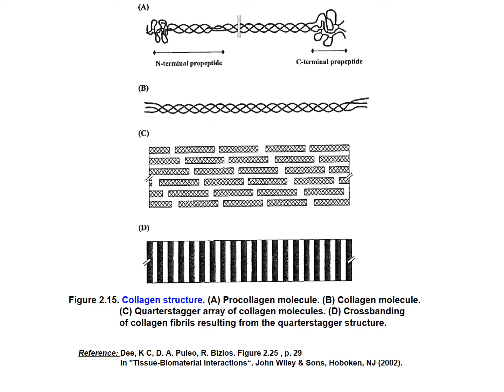You can see this parallel black interchange with white bars, and this is an indication of collagen fibrils, which are a result of the way collagen structure is staggered. And this is evidence of the presence of collagen in the extracellular matrix of many tissues.